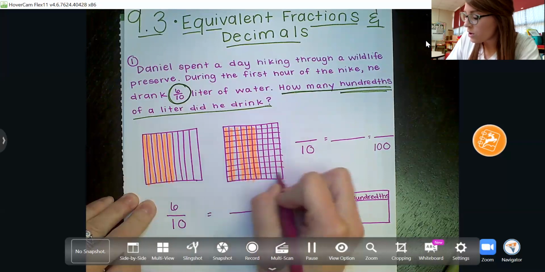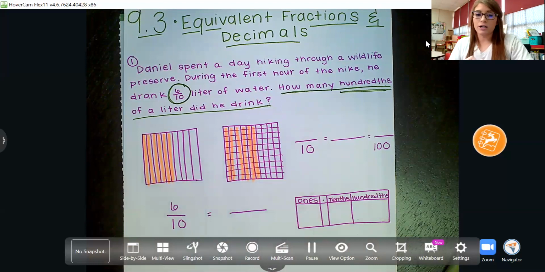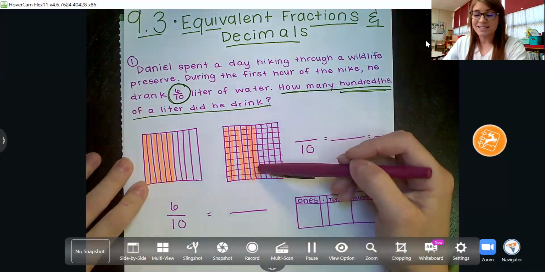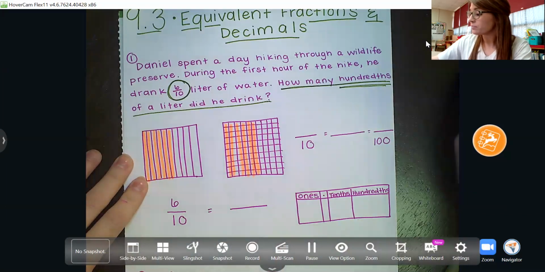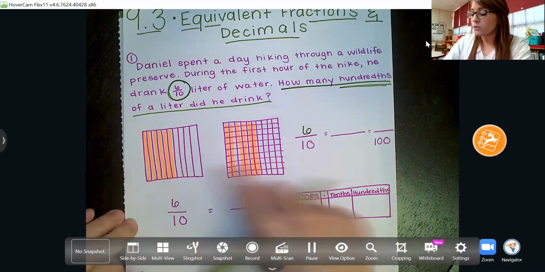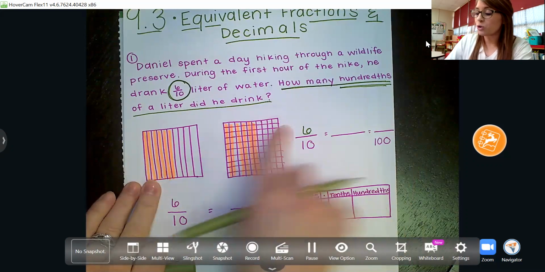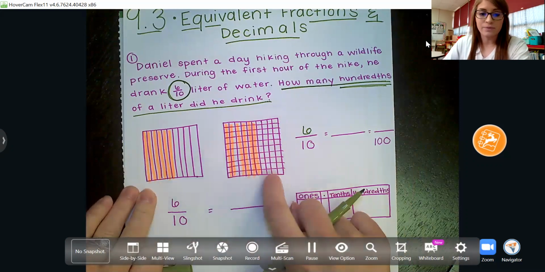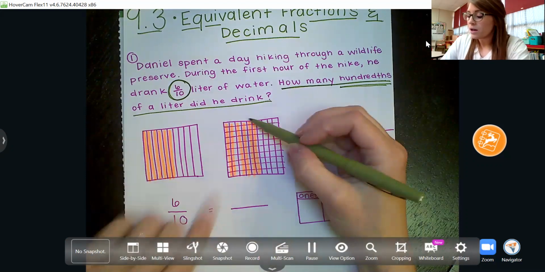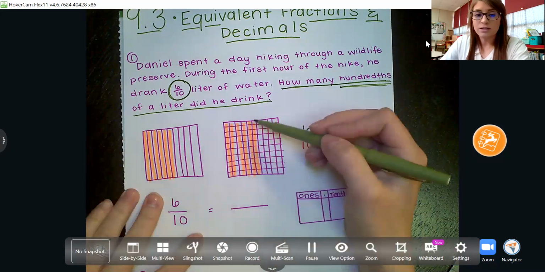Okay, so now we have a hundredths chart. Did I shade in the same amount? Yes, I shaded in 6/10 for each of those models and then just created the hundredths here. So if I look here, tenths, hundredths.